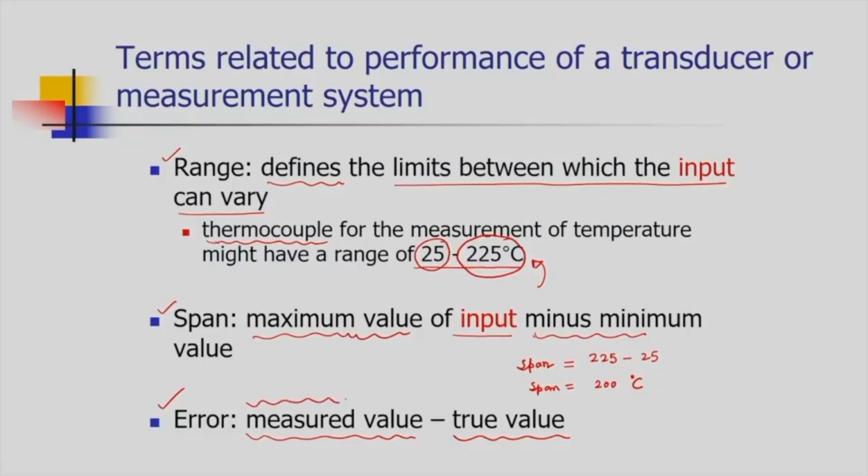So, the value which is measured in the environment or during the application will be different from the true value or the expected value or the desired value. The difference between the measured value and the true value is called the error. If the sensor is giving less error, that means it is more accurate.